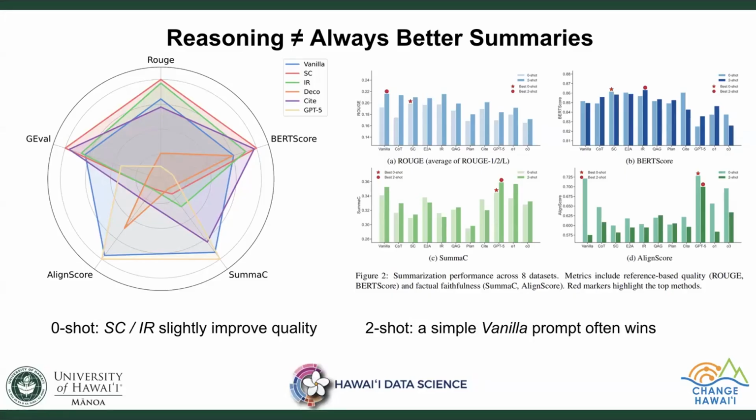And AlignScore and SummaC are faithfulness metrics, which means your summary needs to be accurate and faithful to the original document.